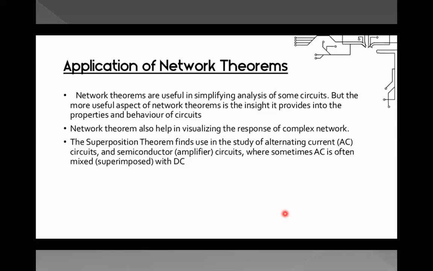The superposition theorem finds use in the study of alternating current circuits and semiconductor circuits like amplifiers, where AC is often mixed with DC. We can also say that it is a pulsating current, because if the output DC has a mixture of AC nature also, then that can be called a superimposed or pulsating current. So these are a few applications of the network theorems.